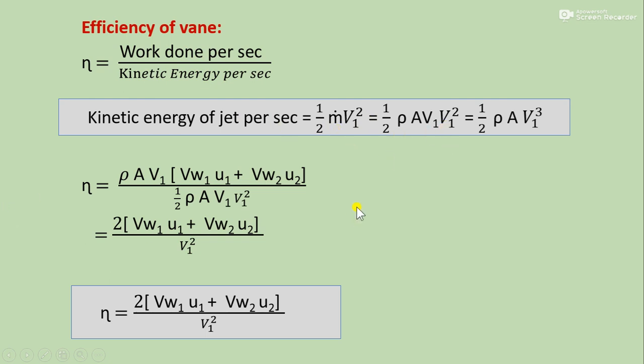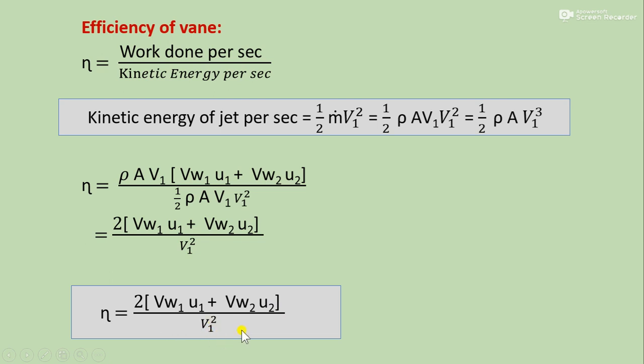So putting the expressions in the efficiency, we have rho a V1 [Vw1 u1 plus Vw2 u2] divided by half rho a V1 into V1 square. Here rho a V1 in the numerator and denominator can be cancelled.